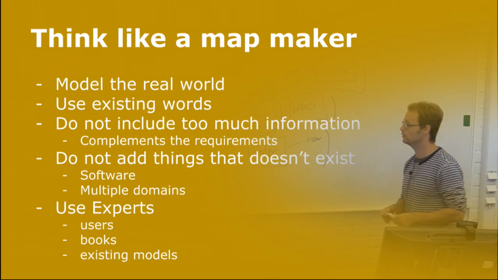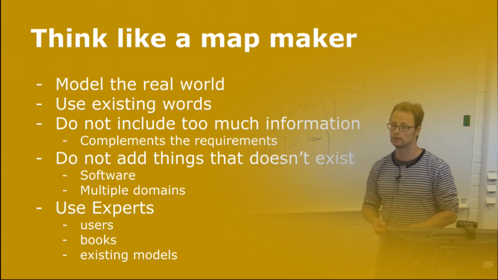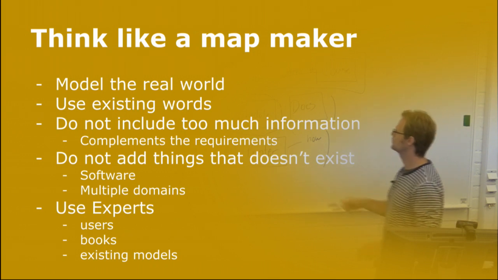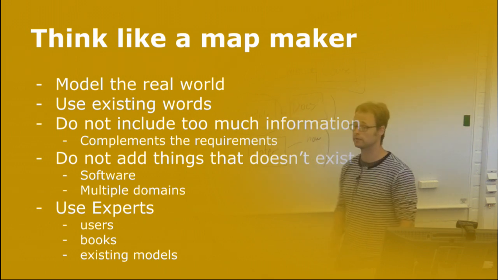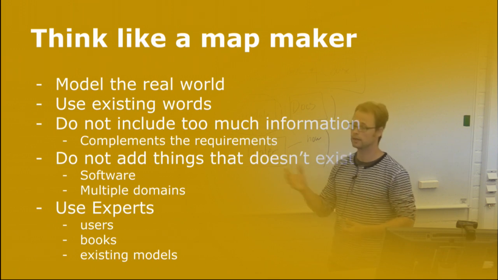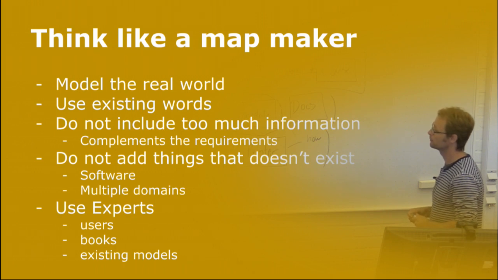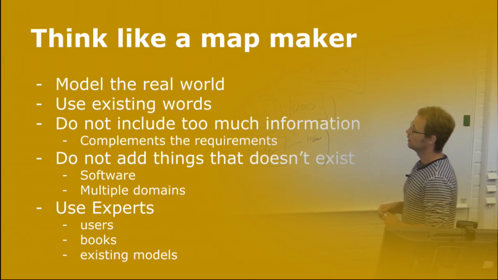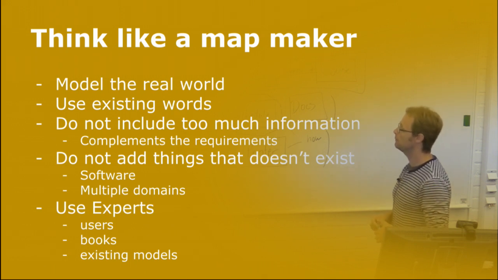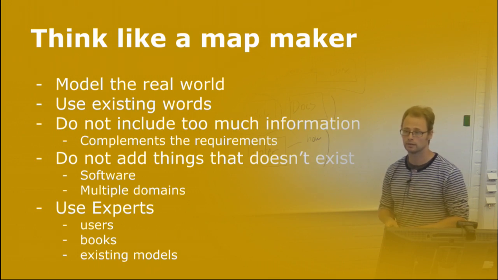We should, of course, use the existing words. Map makers do not make up new names for cities or areas. We use a student and we use course because that's what is used. You know what a student is, and I know what a course is, and we, the users, know these words. Do not include too much information. Think about complementing the requirements. It's not a carbon copy of the requirements.